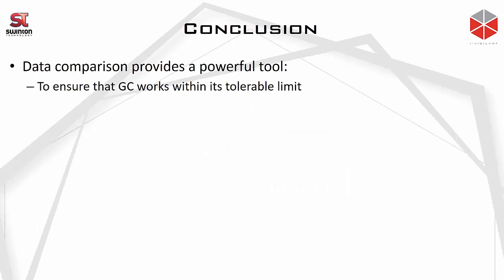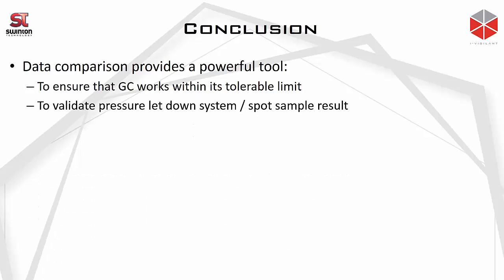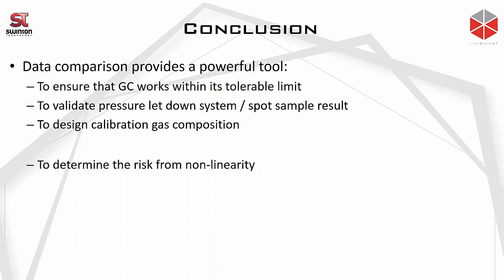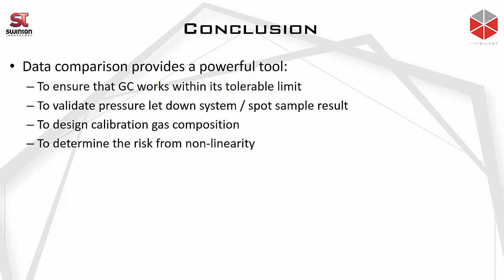In conclusion, data comparison provides a very powerful tool, first to ensure that the GC works within its tolerable limit, and then it provides a tool to validate the pressure letdown system by checking the spot sample result and comparing it against the GC reading, to design calibration gas composition based on the nonlinearity property of the GC, and to determine the risk from the nonlinearity by comparing the single point calibration mole composition against the multi-level calibration mole composition.